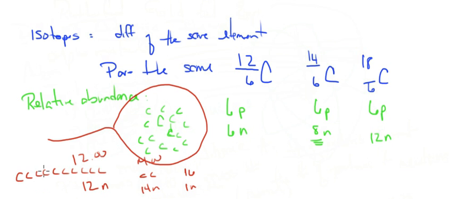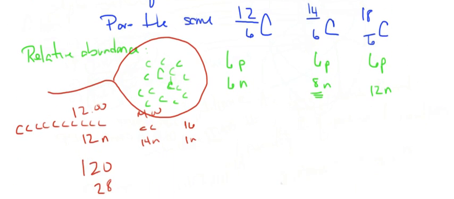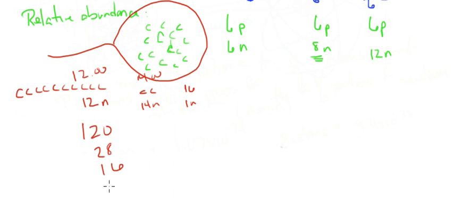So we have 10 carbon 12s, so that's going to give us 120. We have 2 carbon 14s, which is going to give us 28, and 1 carbon 16, which is going to give us obviously 16. And then I add these up, and I have 120, 148, 164.